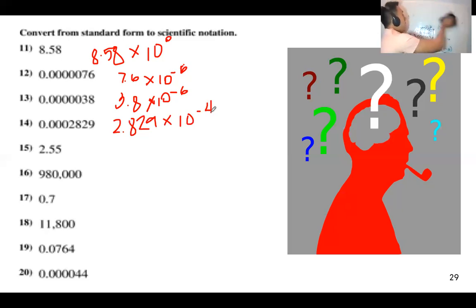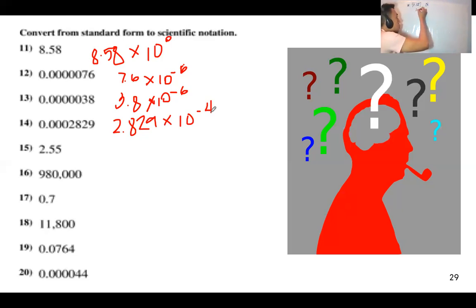Number 15. Number 15 na tayo. 15 is 2.55. And we need to convert this one into scientific notation. We need to find the value of n. So what will be our value of n? Our value of n is this one itself. It's because this one is in between 1 and 10.